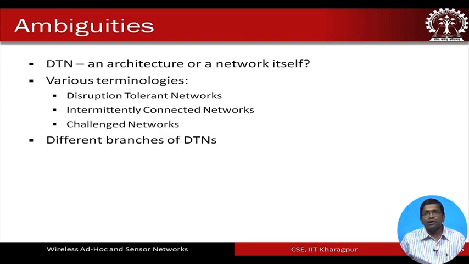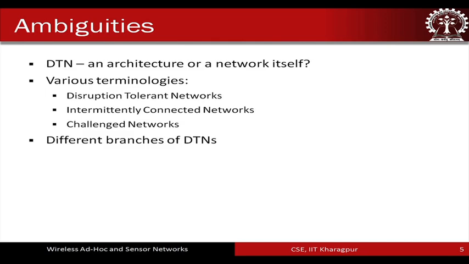There are different terminologies that are used to refer to these networks. Some people prefer to call them DTNs, delay tolerant networks. Some people prefer to call them disruption tolerant networks, because in these networks the links are very much disruption prone. So, that is why people often prefer to call them disruption tolerant networks, and some people even prefer to call them delay/disruption tolerant networks, DDTNs. Some people even prefer to call them intermittently connected networks and challenged networks.